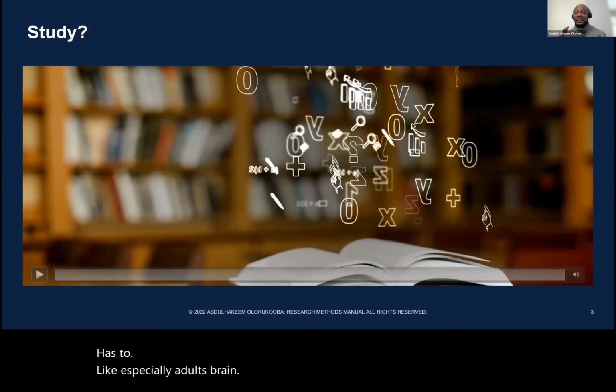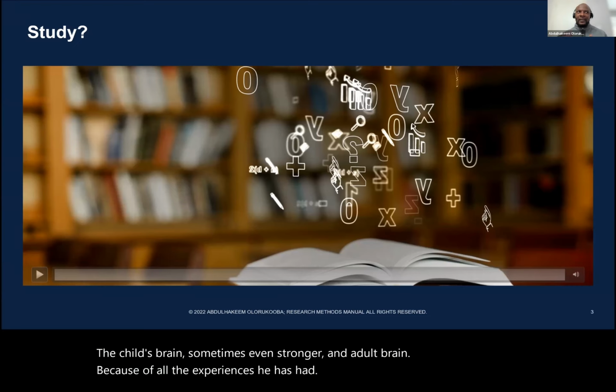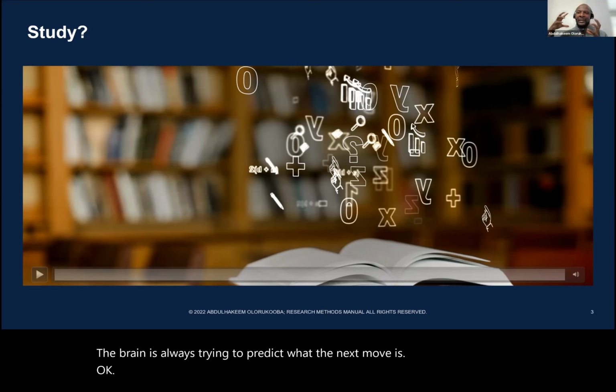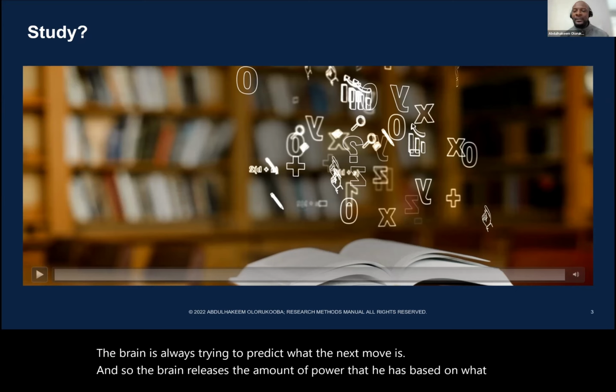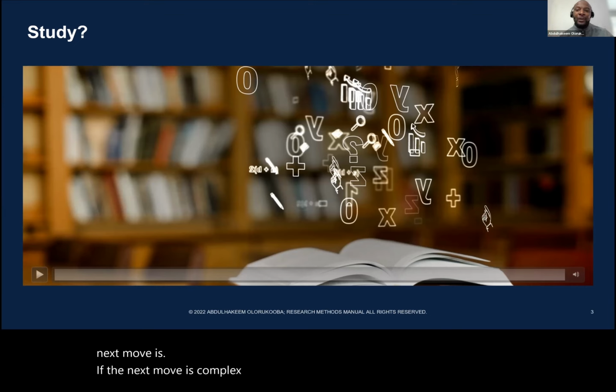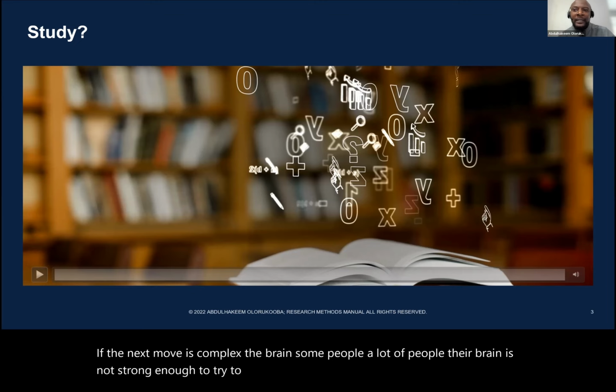The child's brain sometimes is even stronger. An adult's brain, because of all the experiences he has had, is always trying to predict what the next move is. And so the brain releases the amount of power that it has based on what the next move is. If the next move is complex, a lot of people's brains are not strong enough to even attempt to do something complex. So the brain shuts down.